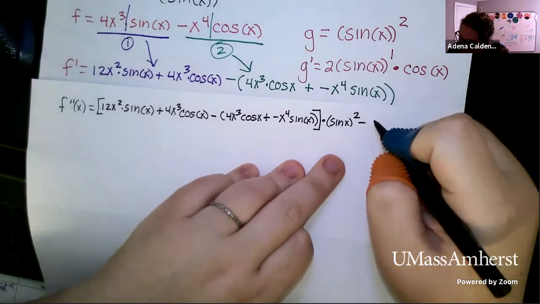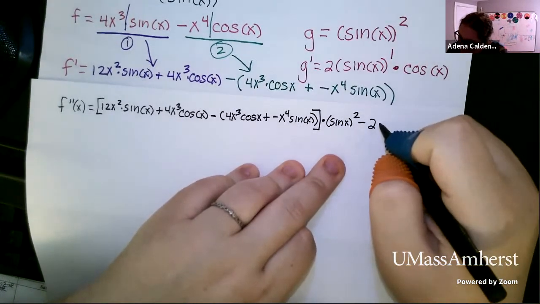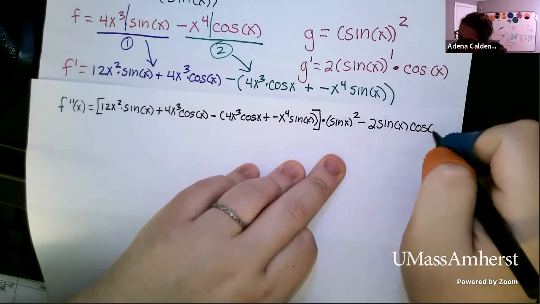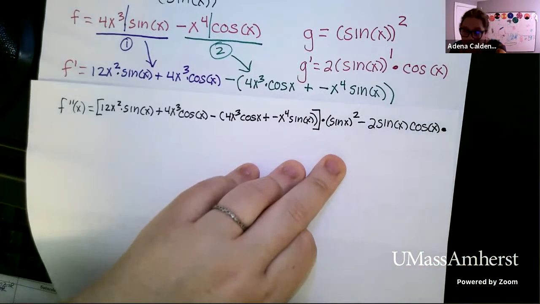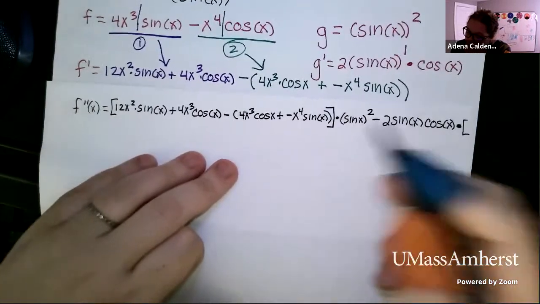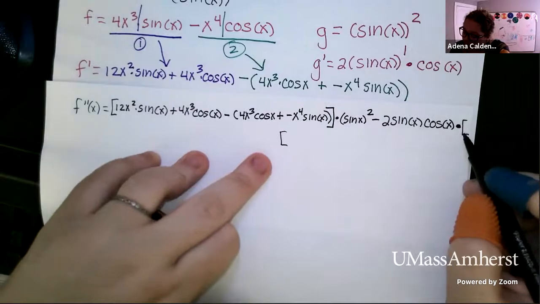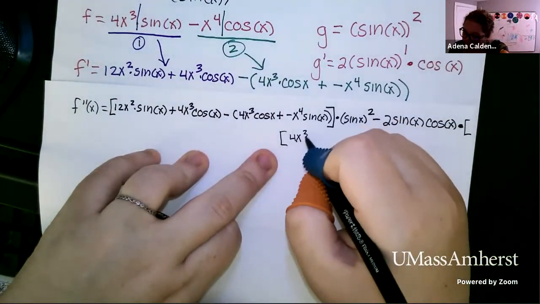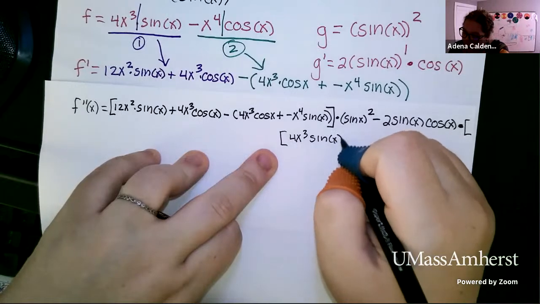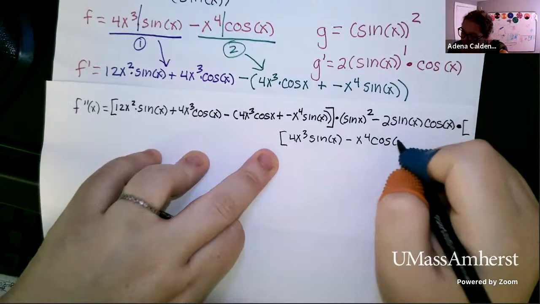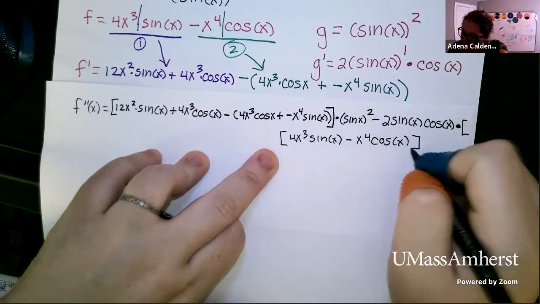So g prime, we have 2 sine x cosine x times, now notice I'm going to run out of space again, so I'm going to write it underneath. So times f, so 4x cubed sine x minus x to the fourth cosine x.